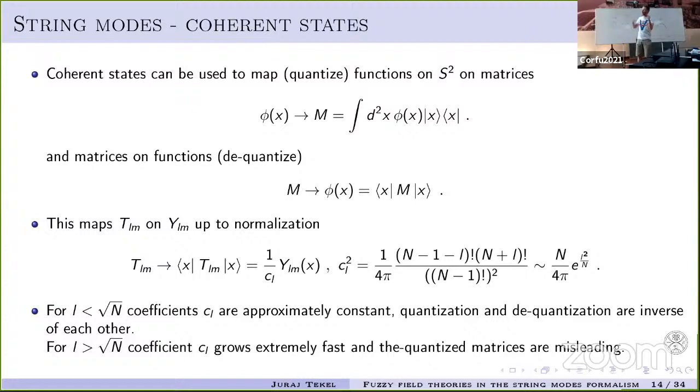Naively interpreting these two maps leads to something not completely fine. So this is the first clue that something interesting is happening at the scale square root of n.